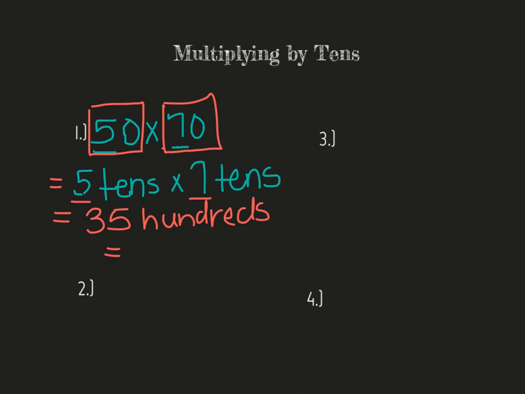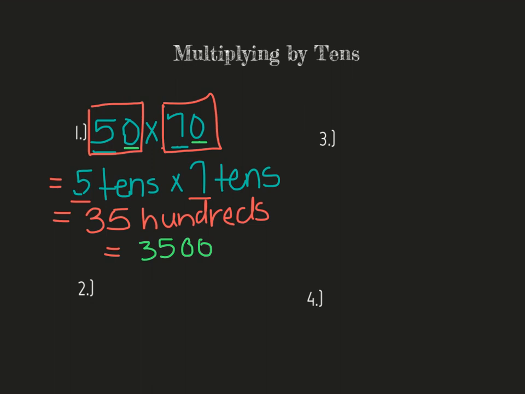In case I forget, I look at my factors and see how many zeros I have. I have 2 zeros, so my answer, 3500, would have 2 zeros. I'm sorry, that zero did not look like a zero, it looked like a 6. This is what 3500 would look like, okay?